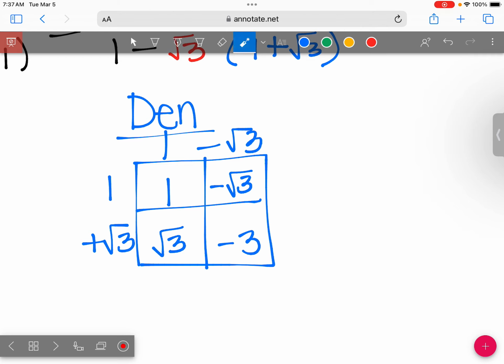All right, so when you fill this in, you have a positive 1, and then you have a negative root 3, a positive root 3, and then a negative square root of 9, which ends up being just a negative 3. The reason why we did this is because we wanted to cancel our square roots. Do you see how that happens here? When you multiply a positive root 3 by a negative root 3, that's like x minus x, you get a 0 pair, it cancels. So you're left with just 1 minus 3, which would be what? What is 1 minus 3? Negative 2.